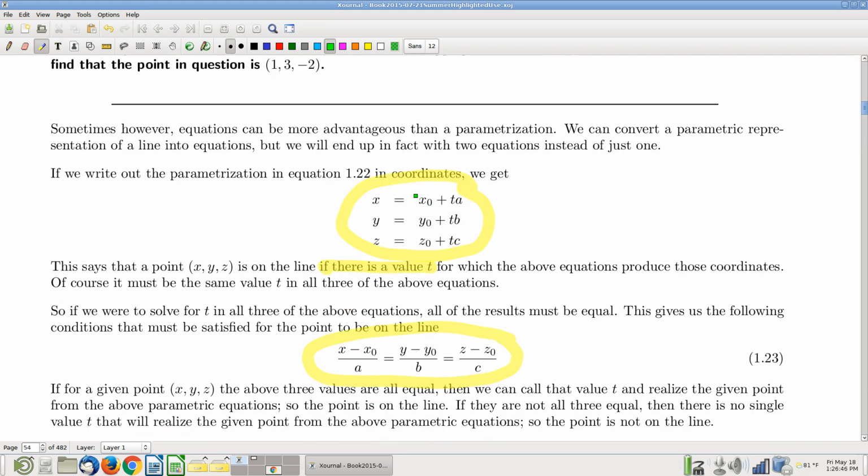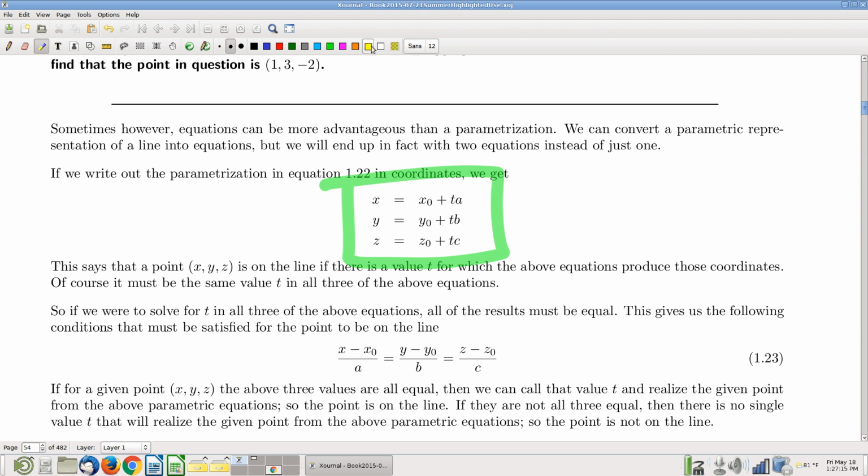And that is, let's look at these equations. Notice that this is just what we had before, x equals x naught plus t times this vector a, b, c, which is our v vector. Looking at these equations, is there a value t that will generate a given x, y, z?